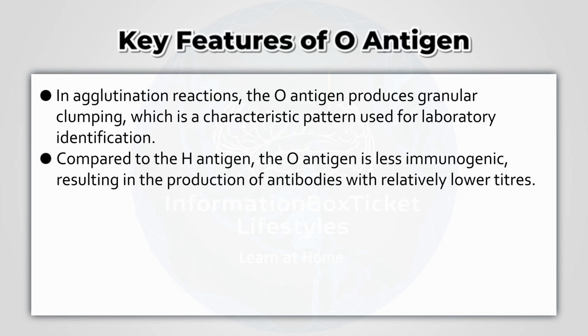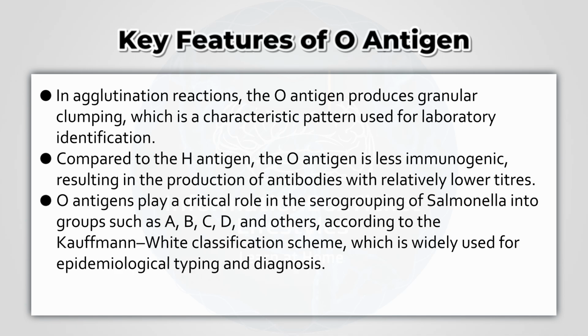Compared to the H antigen, the O antigen is less immunogenic, resulting in the production of antibodies with relatively lower titers. O antigens play a critical role in the serogrouping of Salmonella into groups such as A, B, C, D, and others, according to the Kaufman-White classification scheme, which is widely used for epidemiological typing and diagnosis.